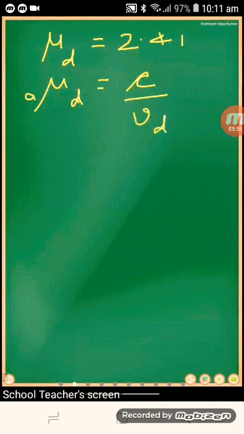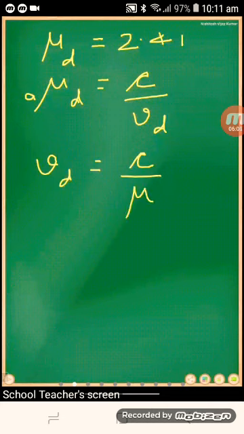So the velocity of light in diamond is equal to c upon aμd.